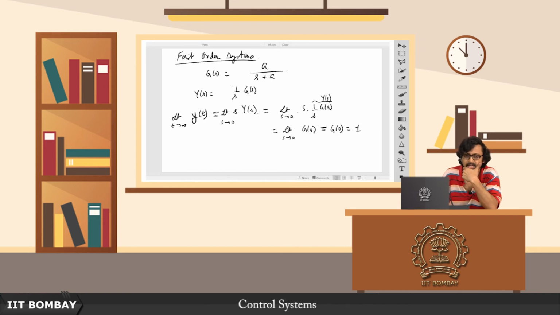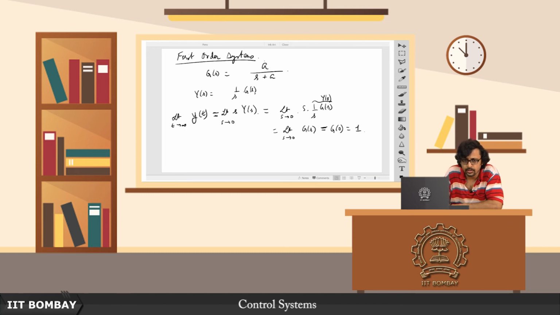The multiplication is commutative, is associative. So you can say alpha times 1 by s times G is equal to 1 by s times alpha times G. So it does not matter.